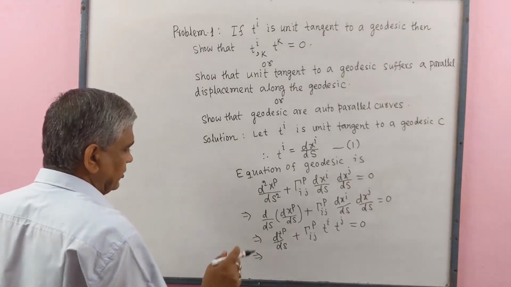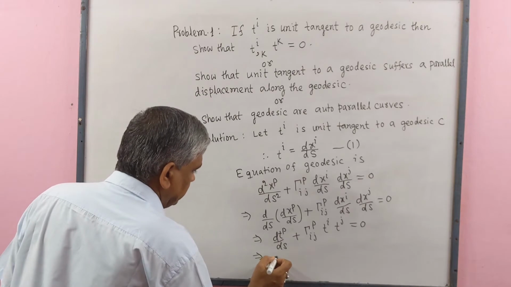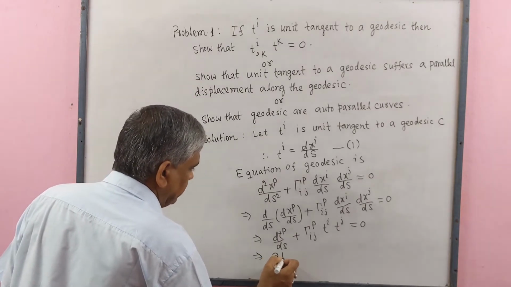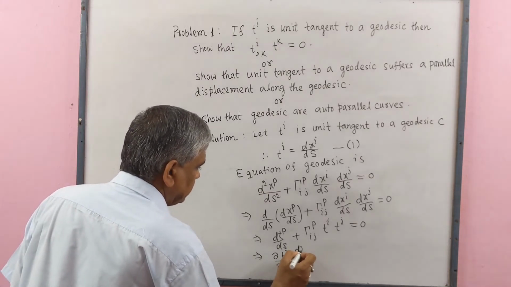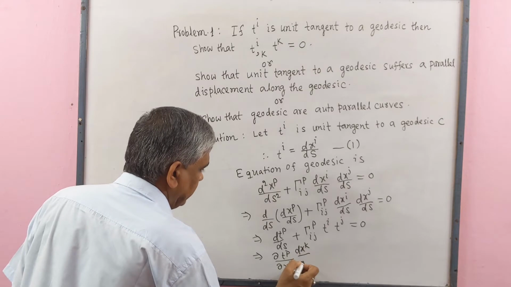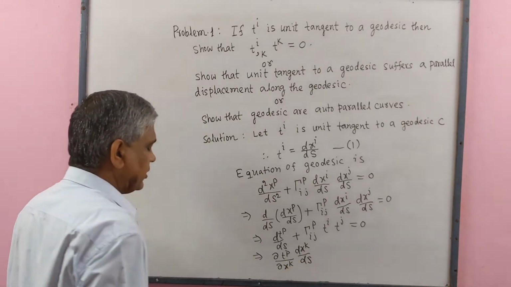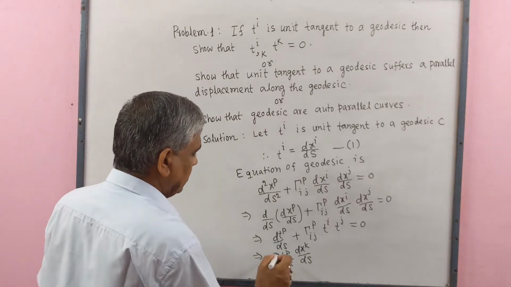We may write this as del Tp by del xk, dxk by ds. Here k is the dummy suffix.